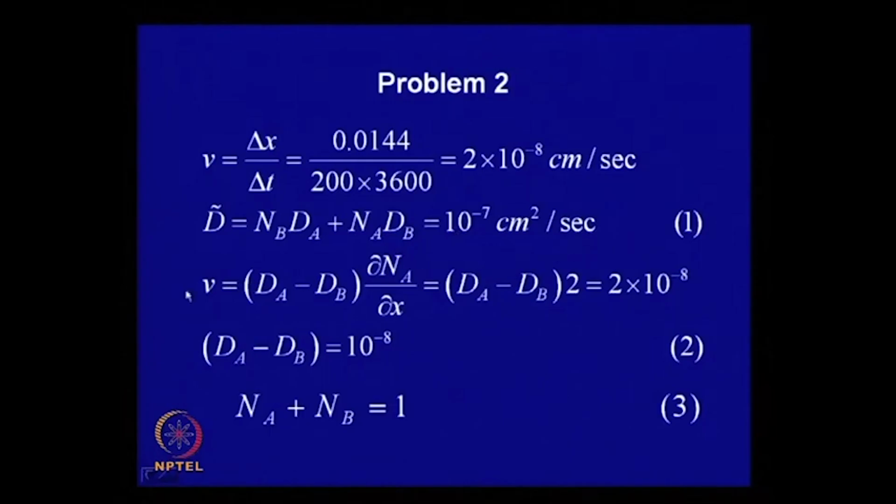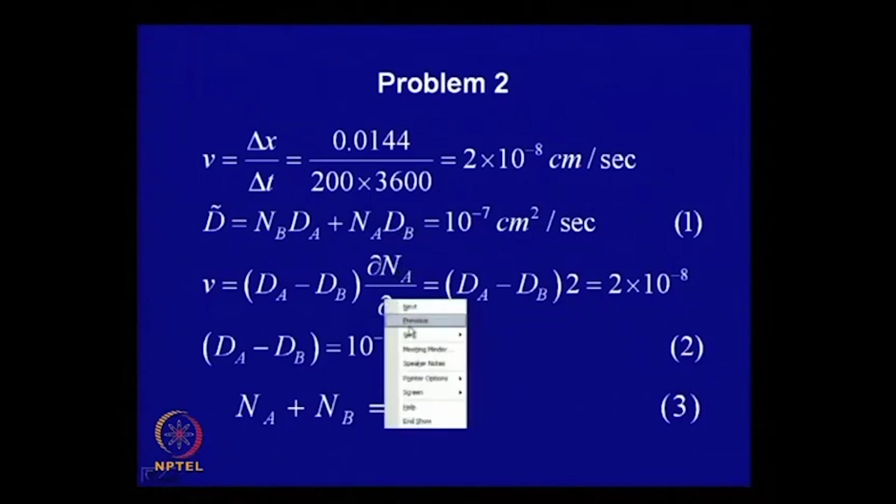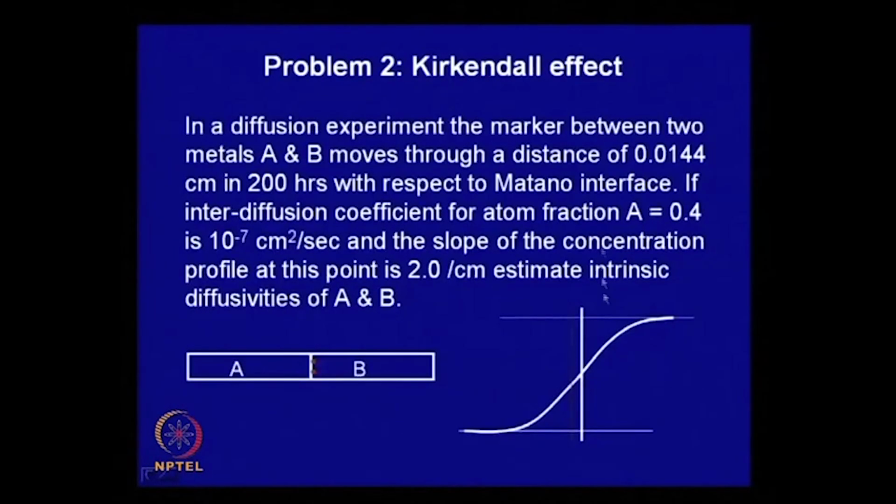And now, the velocity of the marker is, we have derived this expression, given as the difference between the intrinsic diffusivities, D A minus D B, times this concentration gradient, del N A del x. Now, this magnitude is given: the slope of this concentration profile, where this is the concentration and this is the distance, at atom fraction 0.4 is given.